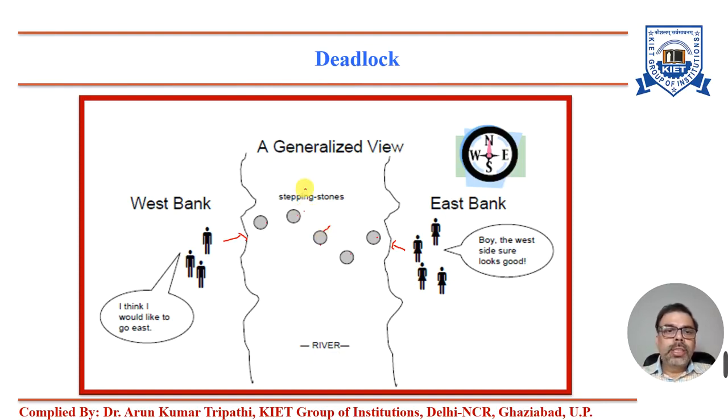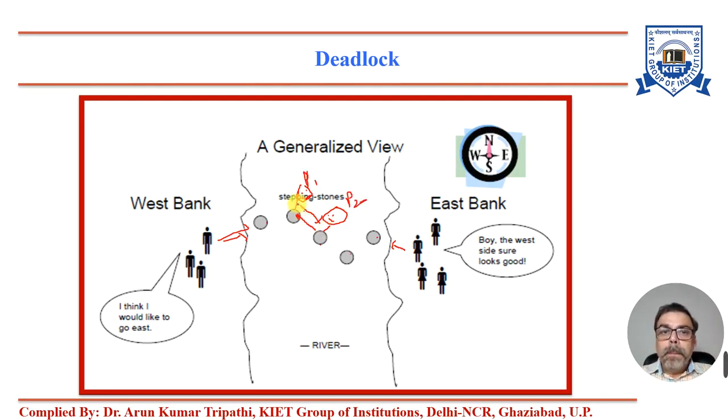Suppose there are two persons who want to cross the river, and both are standing at this position. This one wants to go this side and this one wants to go this side.